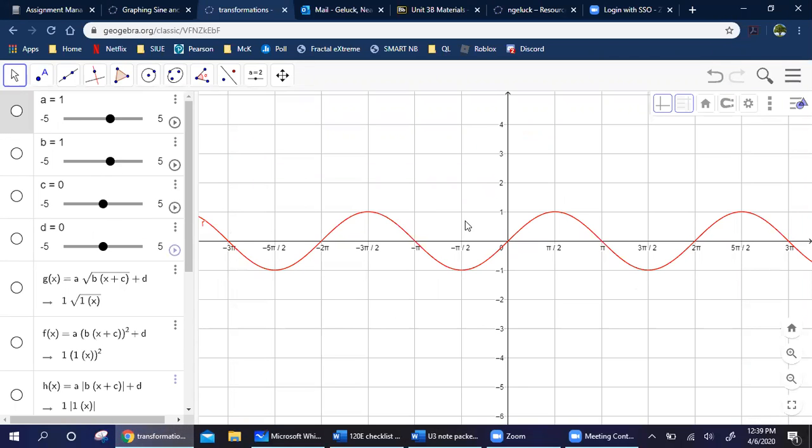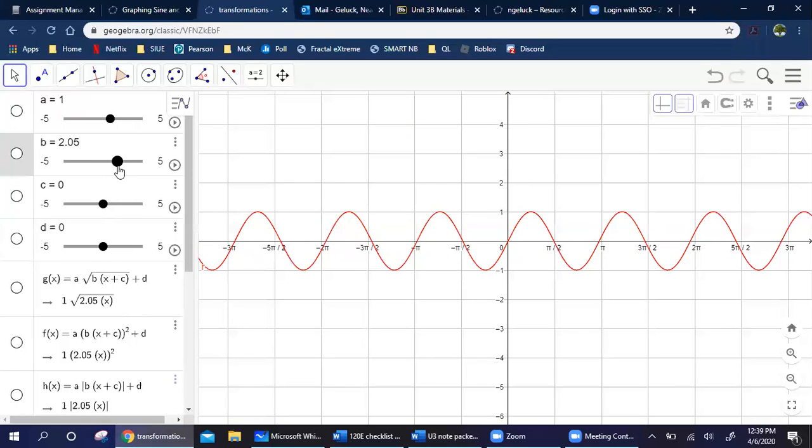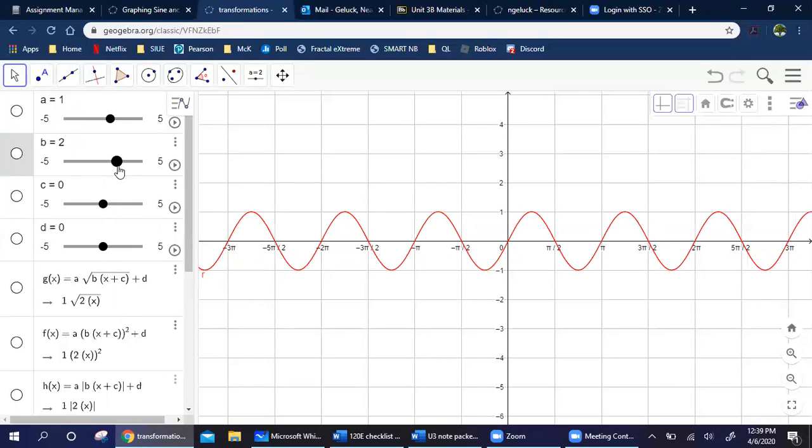The B number will change how many cycles. What I want you to focus on is that normally it takes 2 pi to finish one sine wave. If I take B and crank it up to 2, get it exactly at 2, notice now one full sine wave is only taking 1 pi to finish.